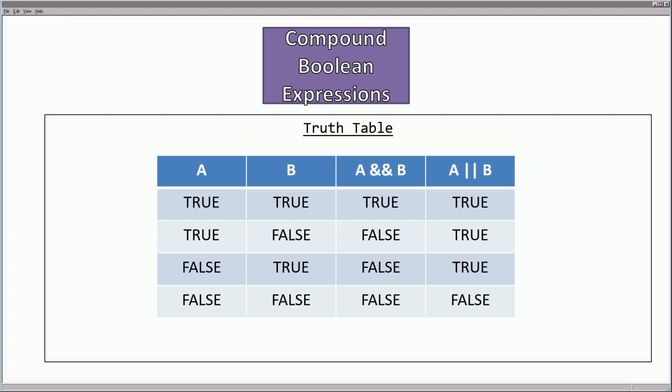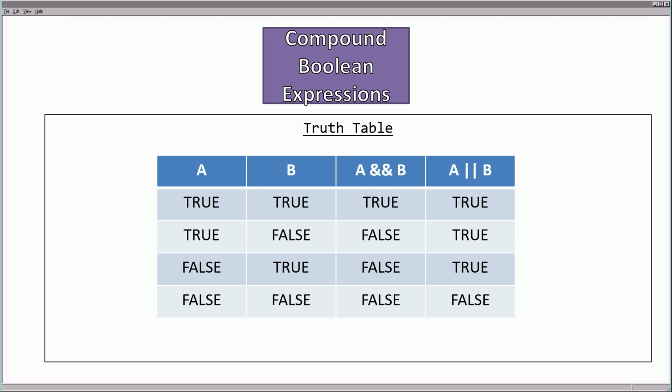Now once again, for the and, both have to be true in order for the entire compound Boolean expression to be true. So for instance, if a is true but b is false, then the entire expression a and b would be false. However, a or b, with the or operator, only one element needs to be true for the entire expression to be true. So because a is true but b is false, a or b still evaluates to being true.